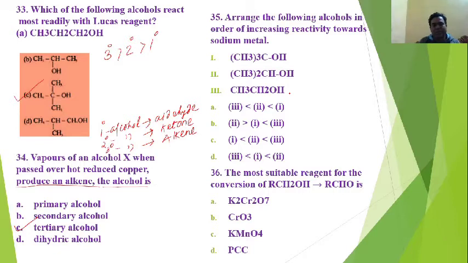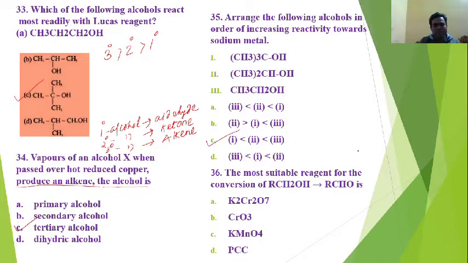The acidity order is ethyl alcohol greater than secondary alcohol greater than tertiary alcohol. So the order is 3 to 1. Third is the highest, 1 is the lowest. Here option C, 1 less than 2 less than 3.